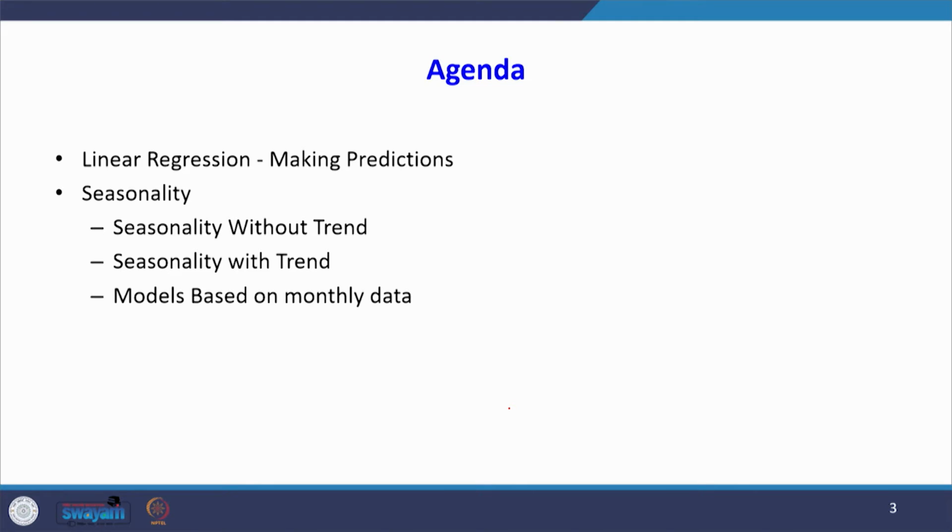So, the agenda for this lecture is the linear regression model for making predictions, and how to use regression analysis for predicting seasonality without trend and seasonality with trend.